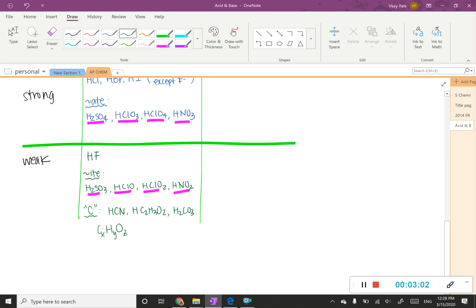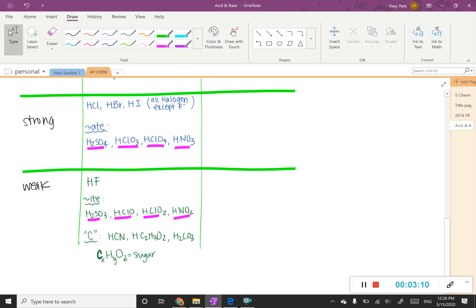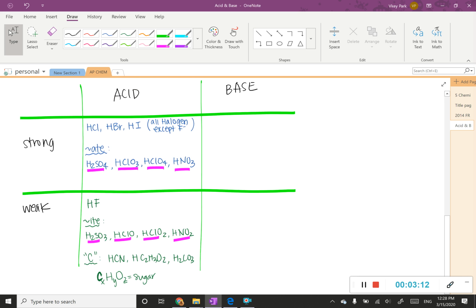So all the sugars, because they all have carbon in their compound. All of these are going to be identified as weak acids. So again, if you just memorize the strong ones, everything else will fall under the weak. Okay, now let's continue with the next category.